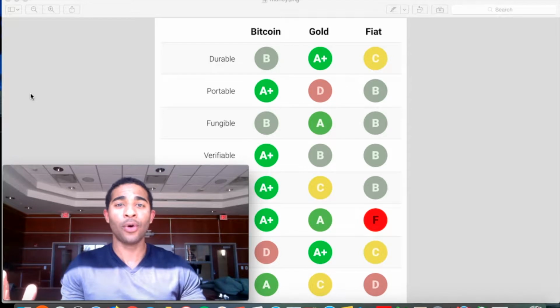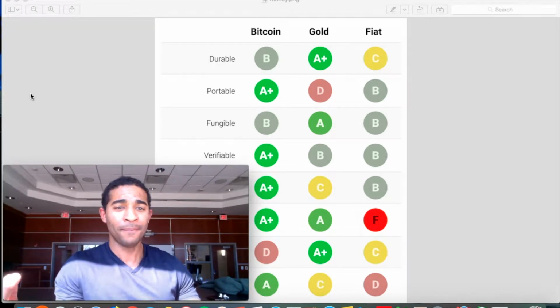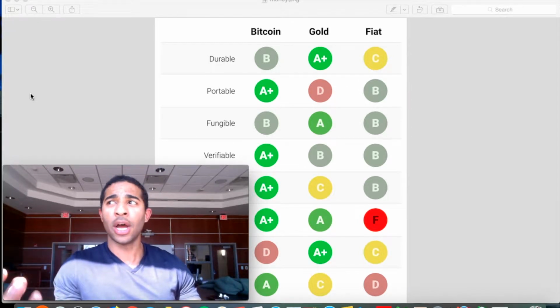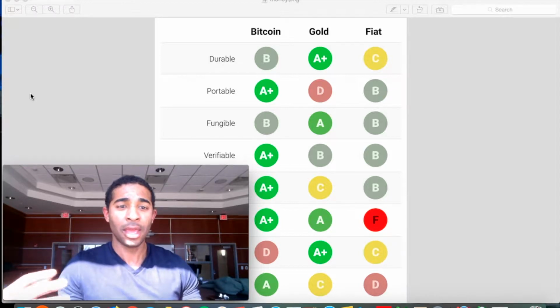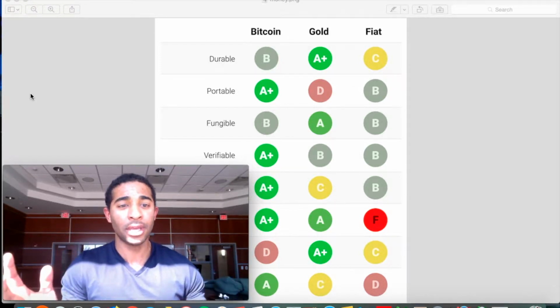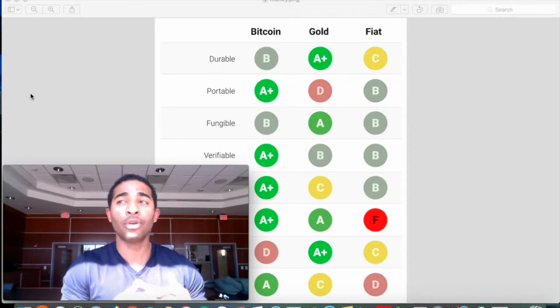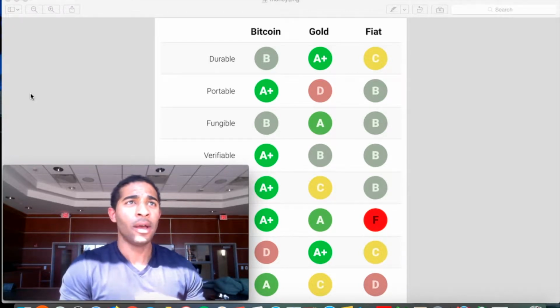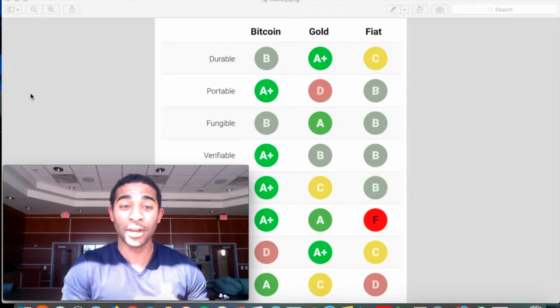And so Bitcoin gets a little bit better of a grade because although Bitcoin is not natural in the same way that gold is to the earth, Bitcoin is a creation of the internet, and it exists natively on the internet.